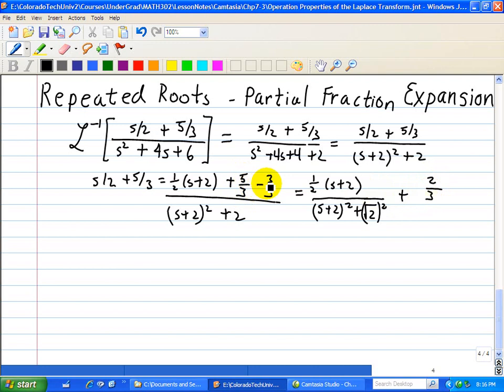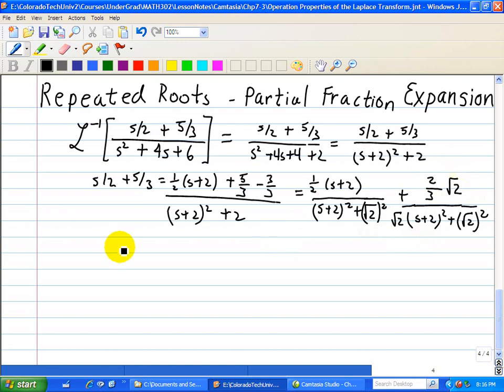The 2/3 came from 5/3 minus 3 over 3, over (s plus 2) squared plus square root of 2 squared. To put this in the proper form, we multiply by square root of 2 and divide by square root of 2, so we don't change the overall function. But now we have this constant term in front of our sine.